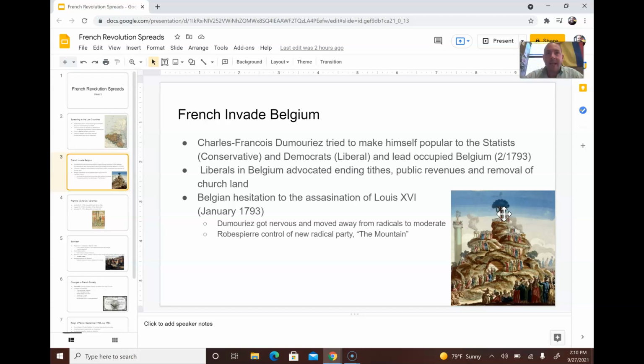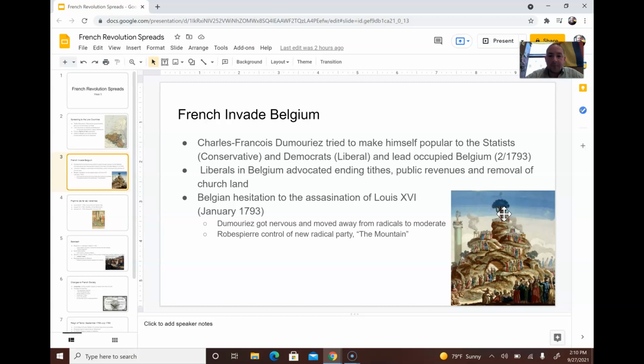One of the big things that happens is, as the French are having their revolution, people are thinking that this is all going too far too quickly. There is a major push, particularly within Belgium, but also in what will become the Netherlands, to stop the massive spread of violence and disorder coming out of France and into the Low Countries.